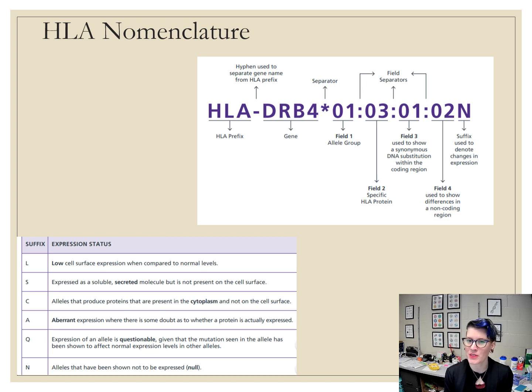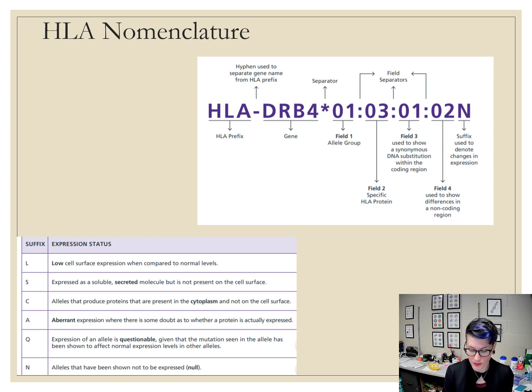So even HLA nomenclature is very confusing. When we write it, it's like this. It starts with HLA, and then it states the gene, so it could be A, B, DR, DQ, DR beta is what DRB stands for. It has the asterisk as a separator. Field 1 is the serological antigen or allele group.